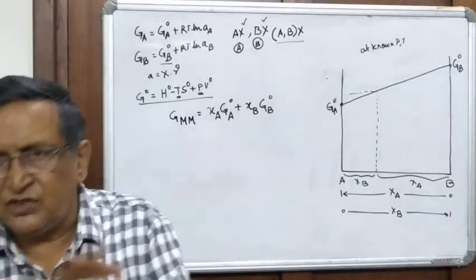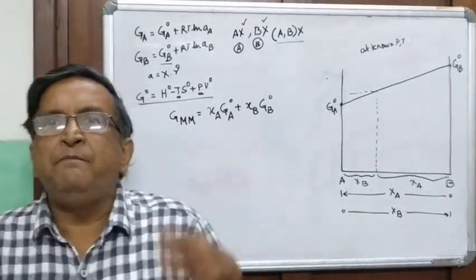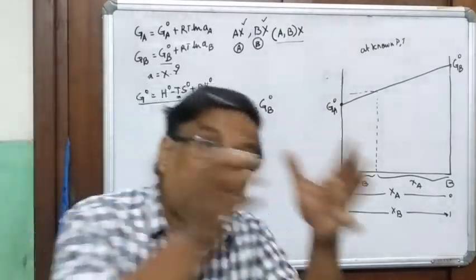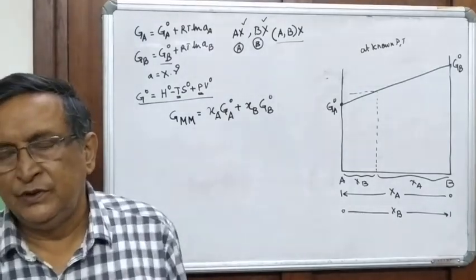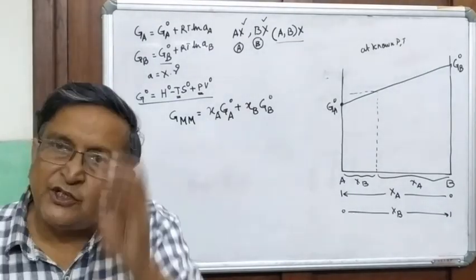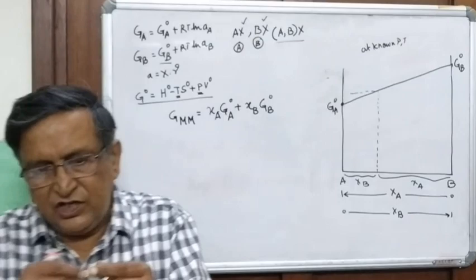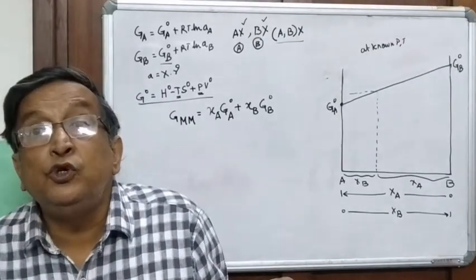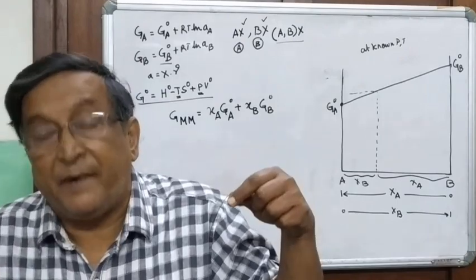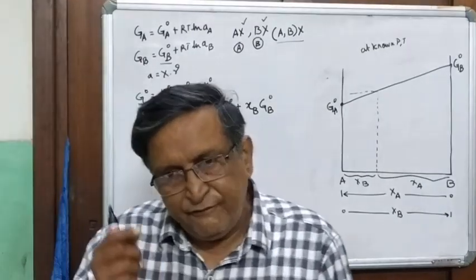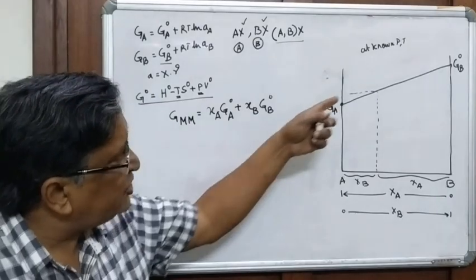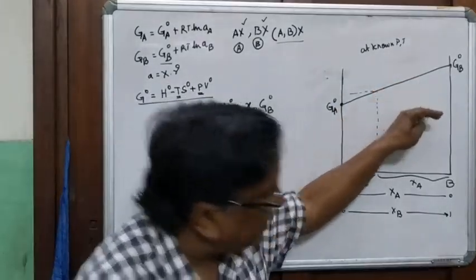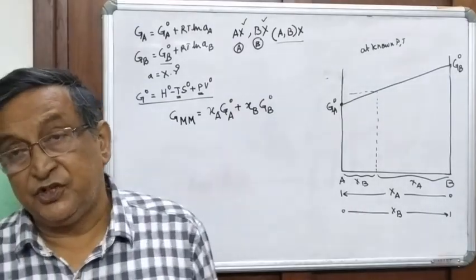It's a homogeneous solid solution where A and B lose their separate identity, which is preserved in the mechanical mixture. When I talk of a solid solution, it is between two end-member molecules, but the molecules lose their own distinctive properties. For that, the G of the solid solution will be lower than the mechanical mixture.